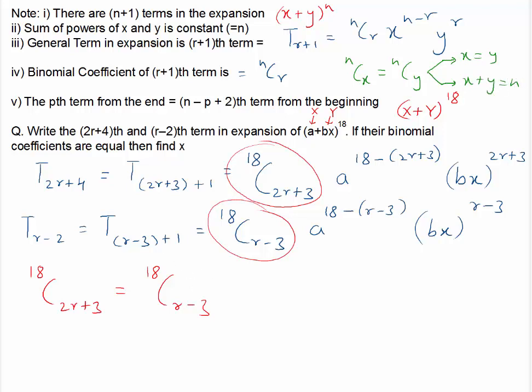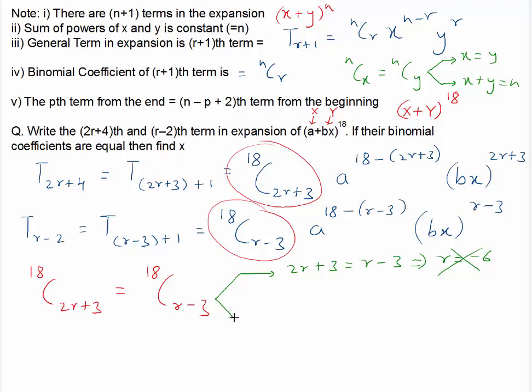So we'll apply the same here. So we will get either 2r plus 3 equals r minus 3, which would imply r equals minus 6, which is wrong because r cannot be negative.